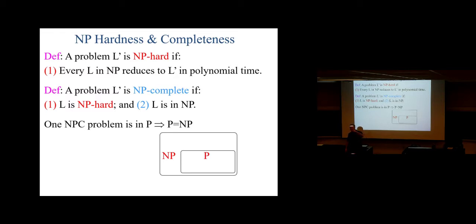It's a set. How many see P is a set? Good. Now tell me, what is it a set of? What are the elements of P? What are their types? Problems. What is the type of a problem in this scenario? Solved in polynomial time. That's a characteristic of the problem, but that's not its type.